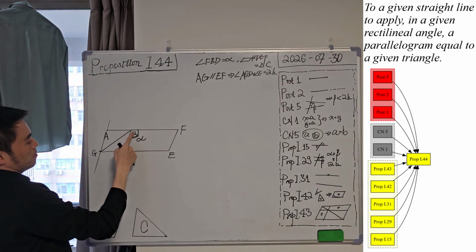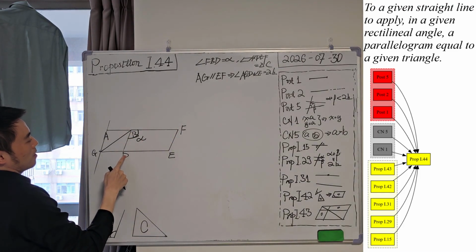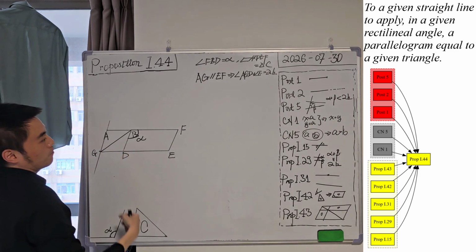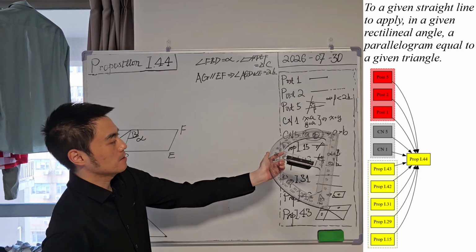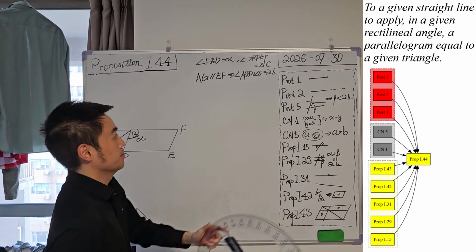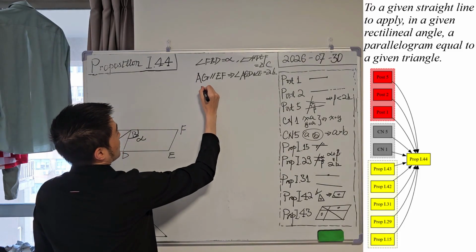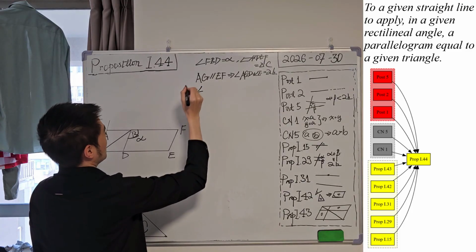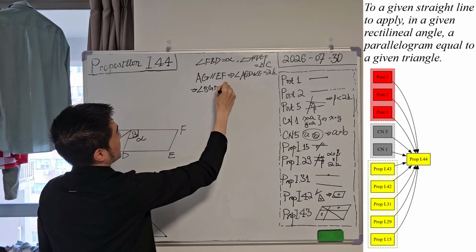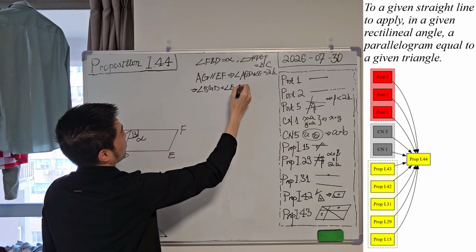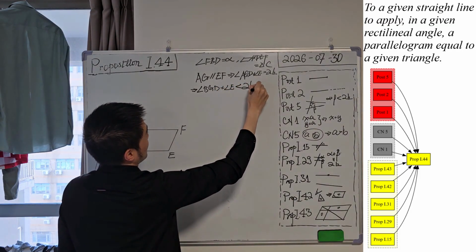And we also know that, see here, angle BGD is a part of angle AGD, and if we apply common notion 5, we know that the part is always smaller than the whole. So we know that angle BGD plus angle E will be less than two right angles.